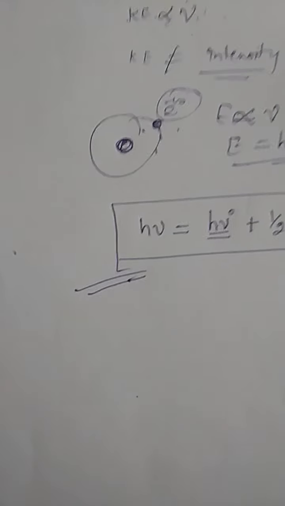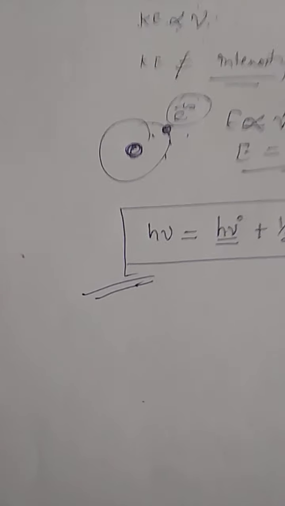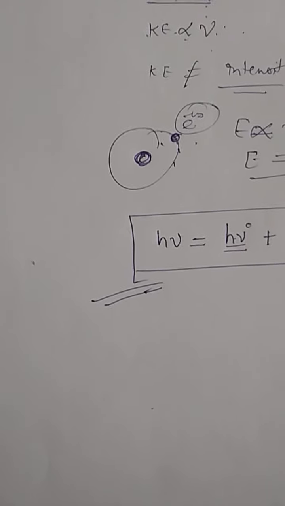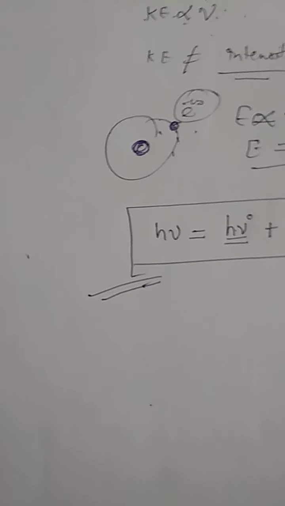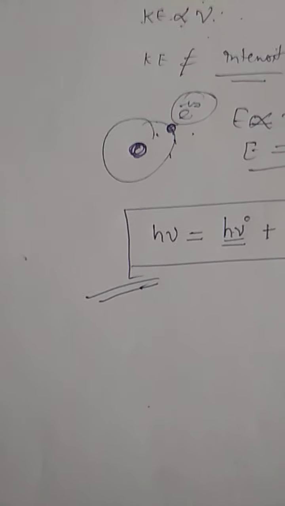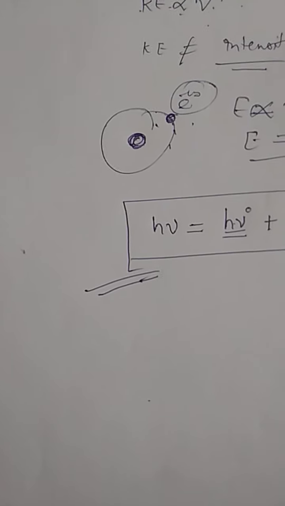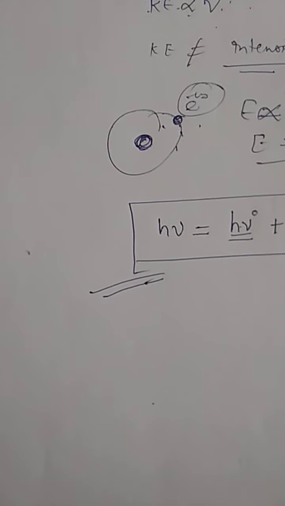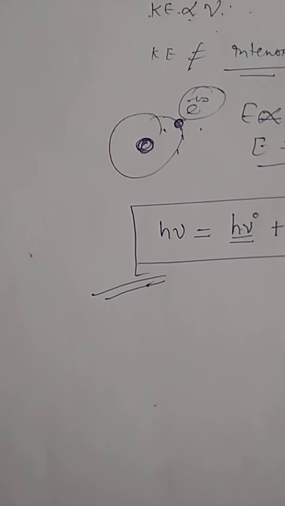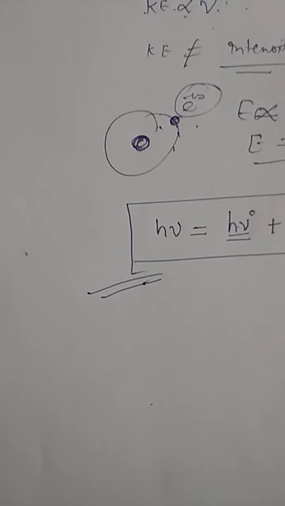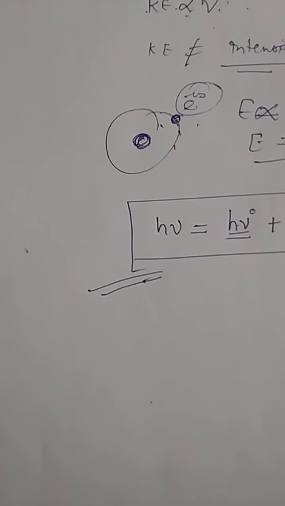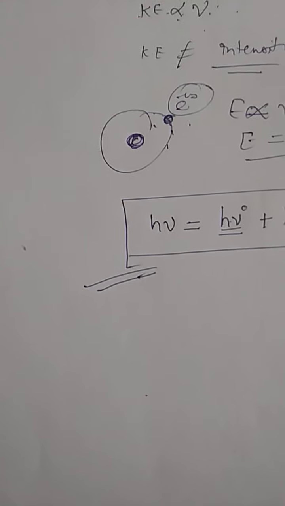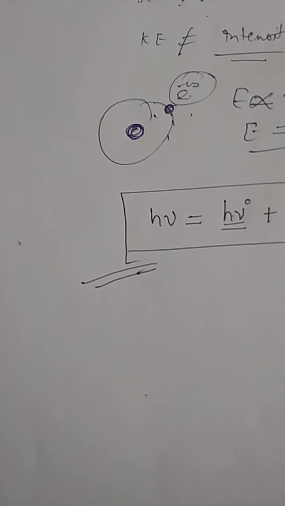Ejection of electrons will happen when the incident photon has energy equal to the threshold energy, and if the energy of the incident photon is greater than the threshold energy, then the emitted electrons will acquire some kinetic energy.